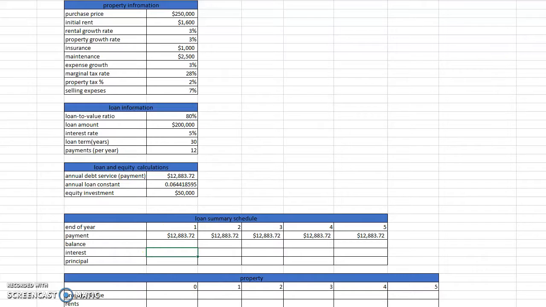After that, we'll use the formula. Then we'll take the interest rate and divide that by the payments per year. Take the loan term and multiply that by the payments per year.